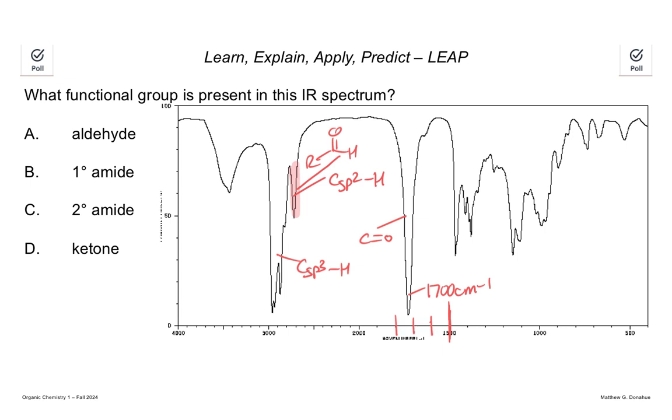So that's how you would know it's an amide carbonyl versus the other carbonyls that have oxygen, or a ketone and an aldehyde. So here we have, this was aldehyde. The ketone will not have that little extra sp2 C-H stretch.